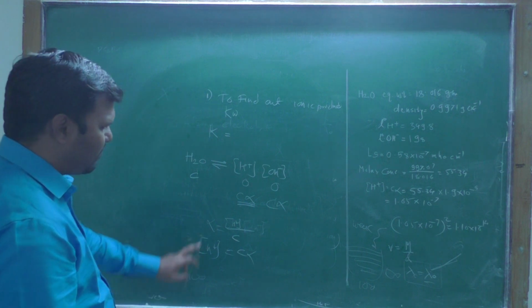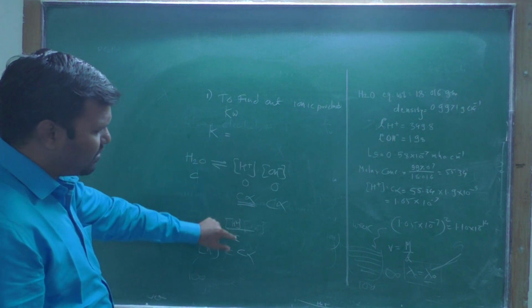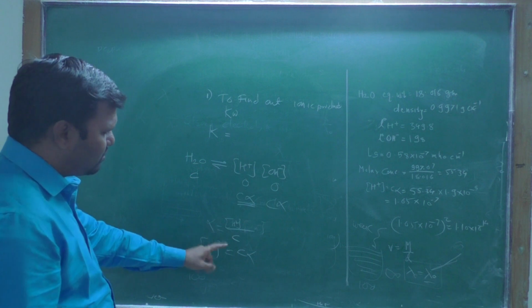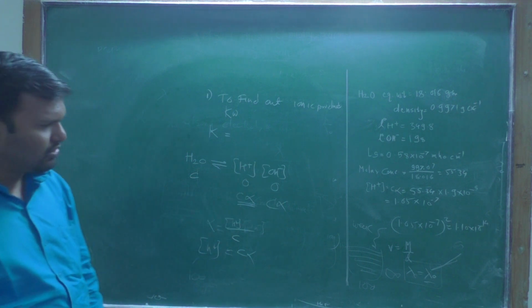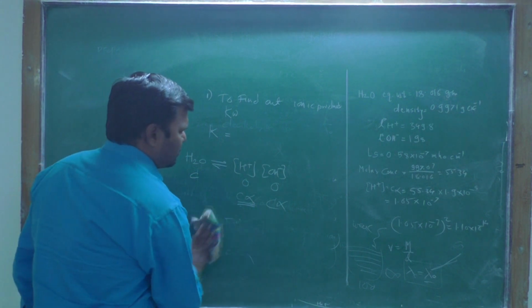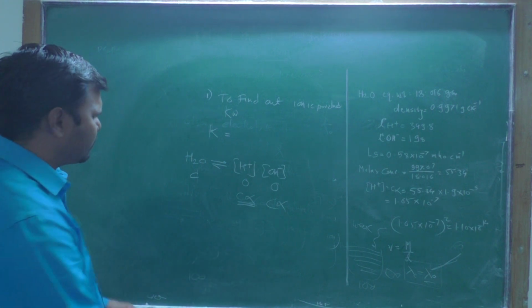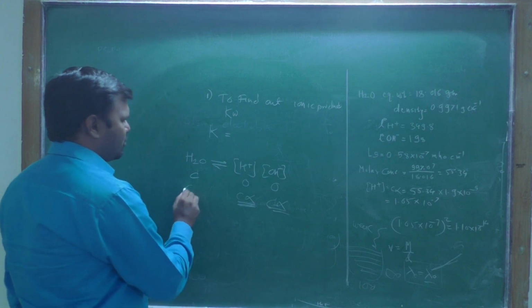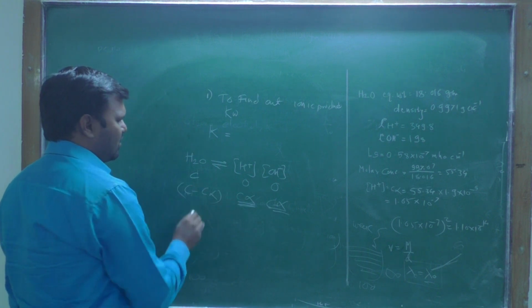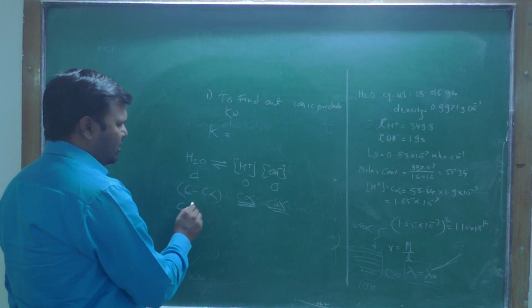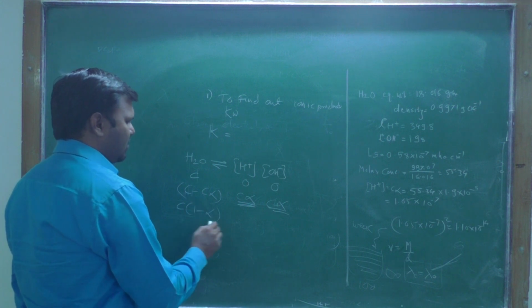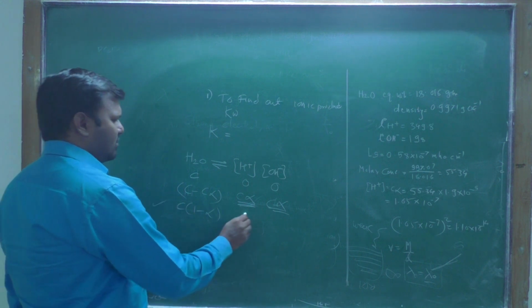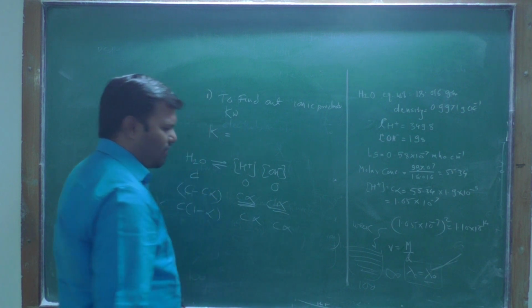The concentration of OH minus is also C alpha. The dissociated amount is C alpha, so the remaining is C minus C alpha, that is C into (1 minus alpha), at equilibrium.